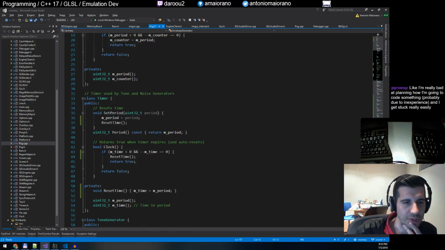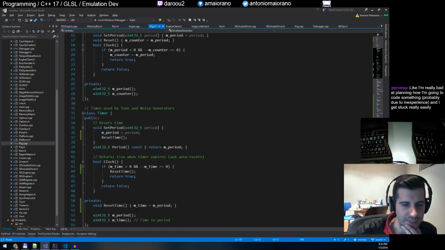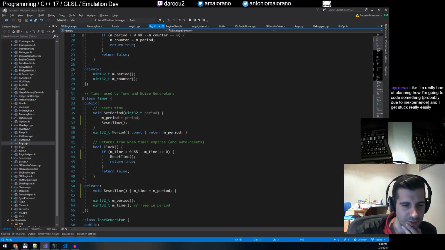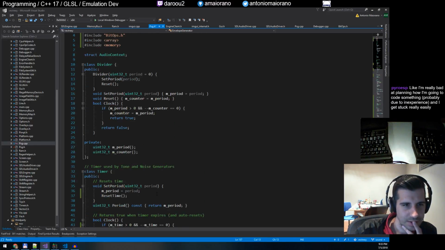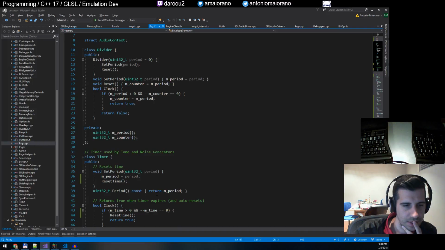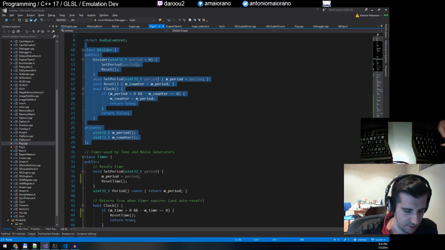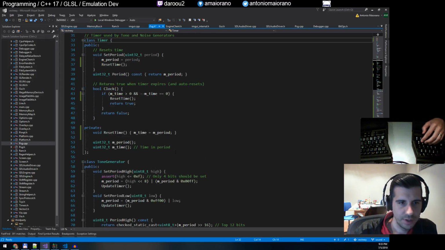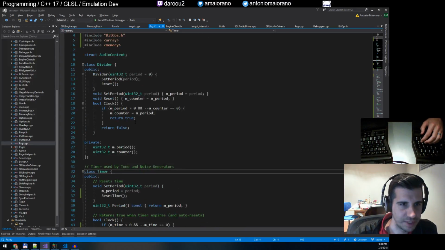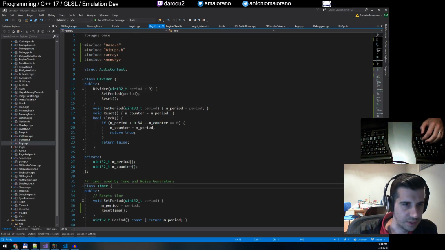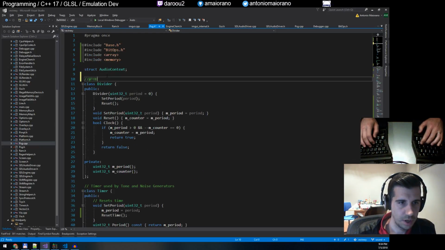I independently wrote this last time without realizing that I wrote almost exactly the same code right above it. So funny. I think I'm gonna get rid of this and just use timer, because it's the same thing and it makes just as much sense to me. Alright, so I'll put a little to-do here: get rid of this and just use timer.